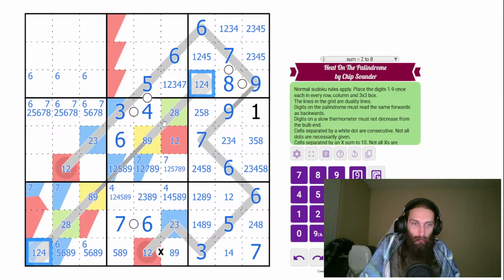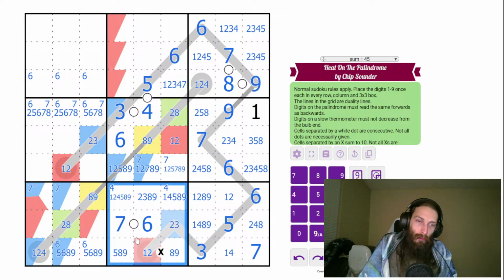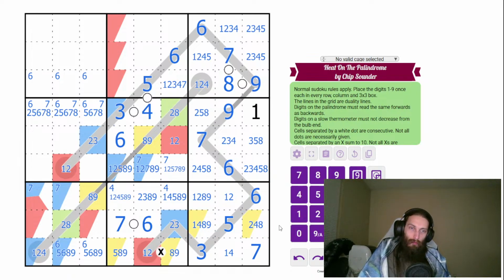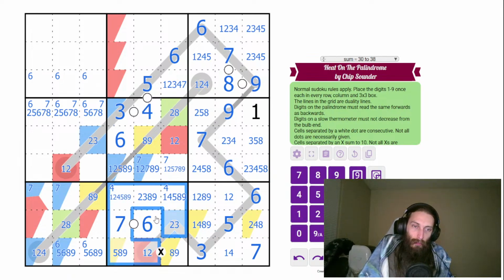Let's leave purple out for a second. Where is yellow down here? Not there. Excuse me, not those. Not 2 or 3, not 7 or 9. And now green, not there or there.